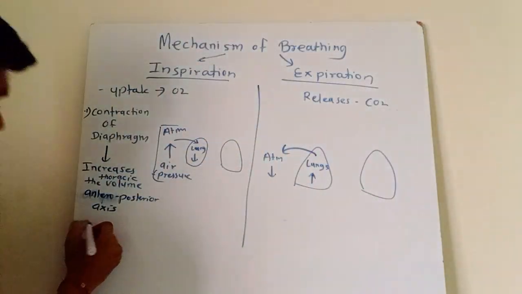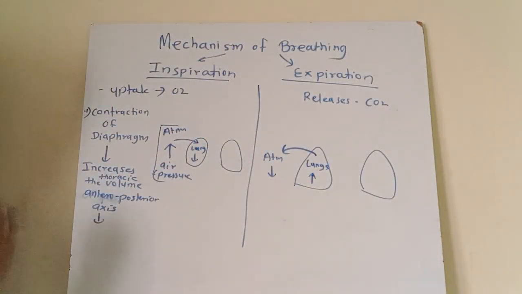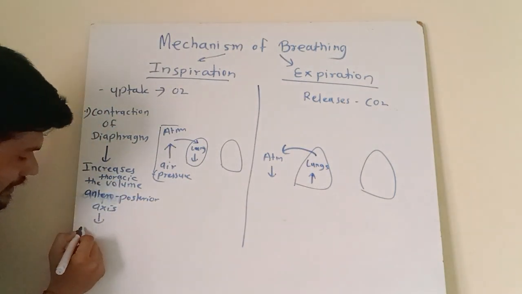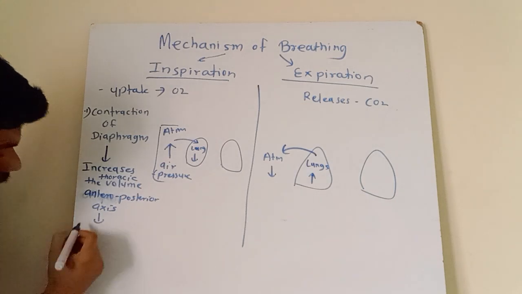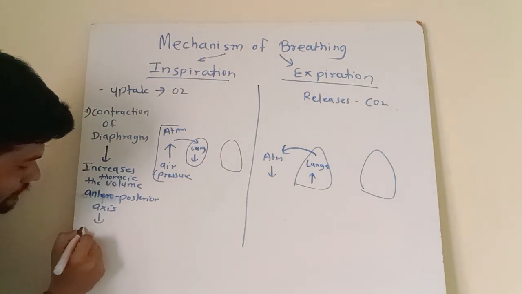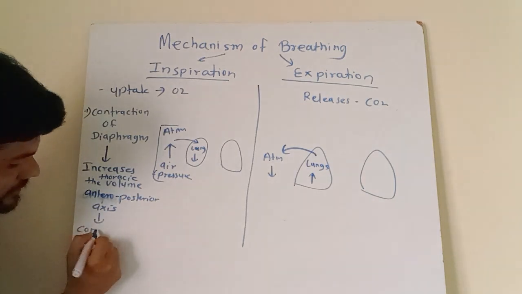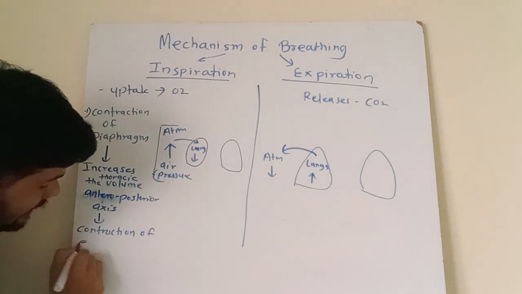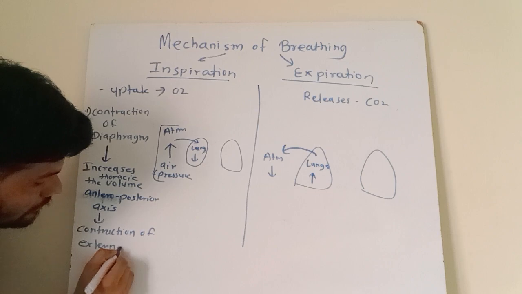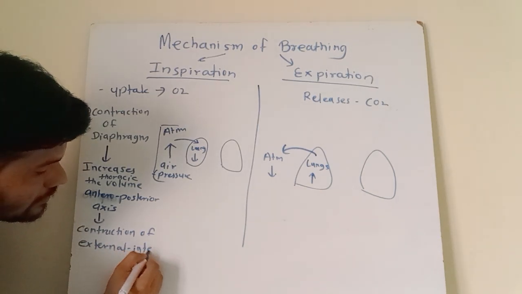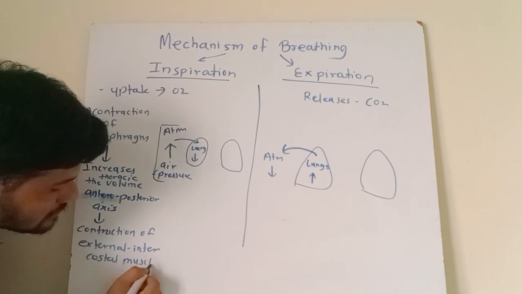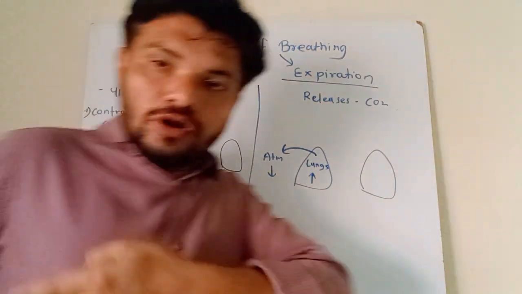After that, what will happen? There are muscles present between your ribs called internal and external intercostal muscles. The second step is contraction of the external intercostal muscles present between your ribs.